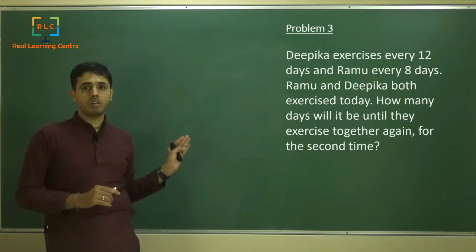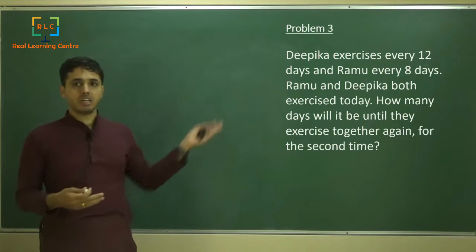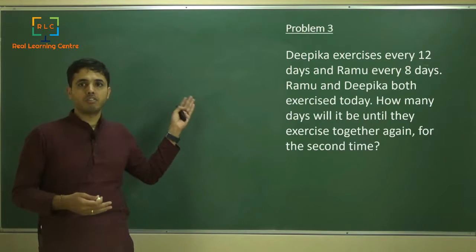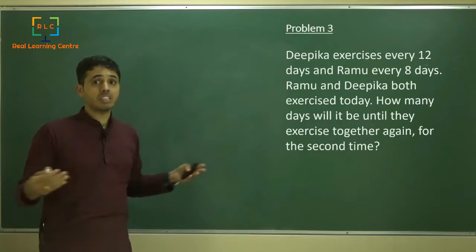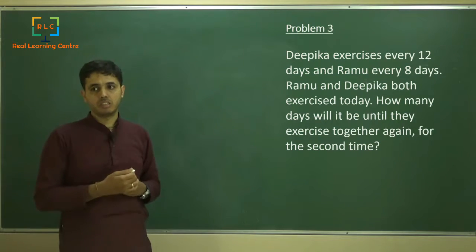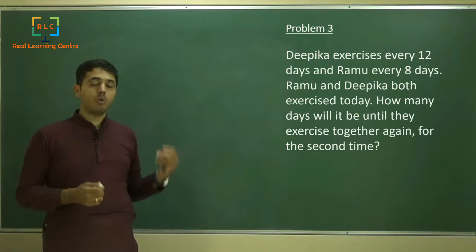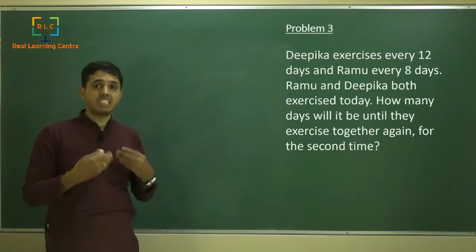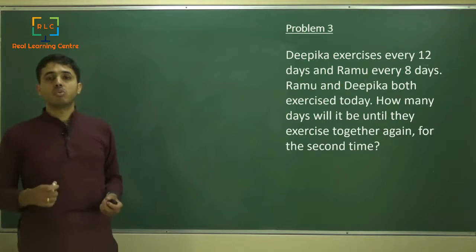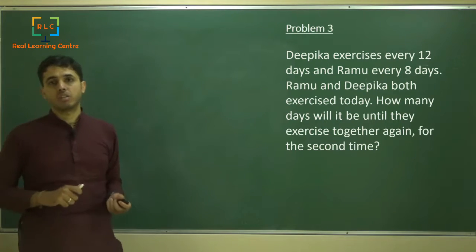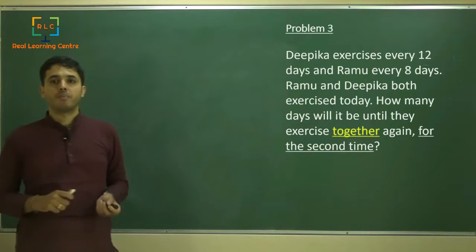They will exercise regularly, at a period of 12 days for Deepika and 8 days for Ramu. But again, they have to exercise together. So, which day will they exercise together again? Now, again, as I told you, search for keywords in the problem. What are the keywords here?